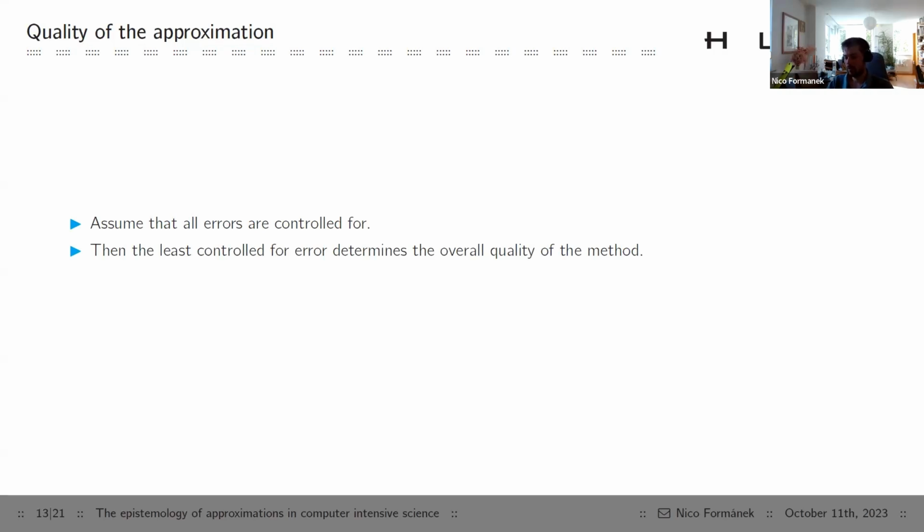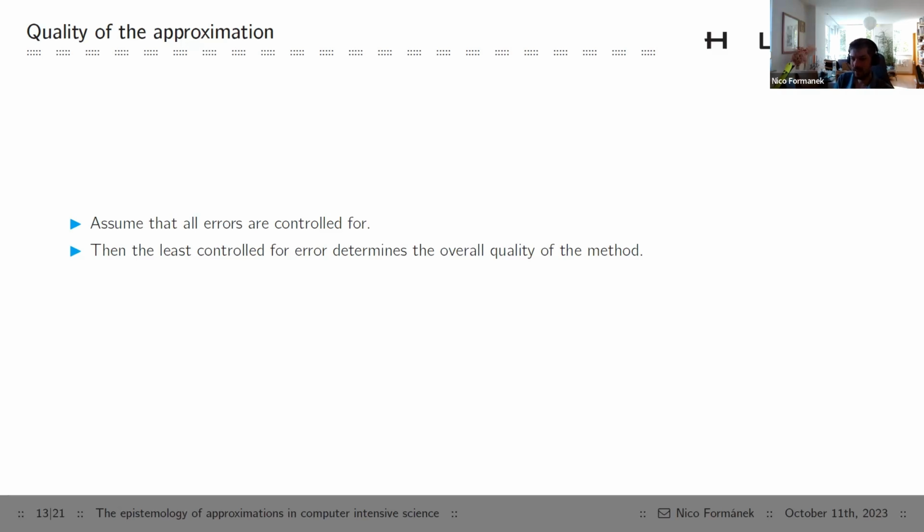And I also want to suggest, perhaps, that the quality of your approximation, the quality of your numerics, is determined by the level of control you have over the error. So just assume, for the sake of argument, that all the errors you want to control are controlled. So you have some way of turning the knobs and reducing them.